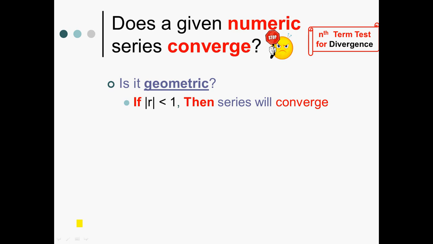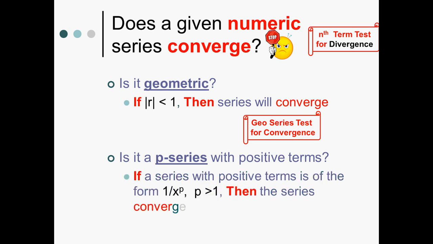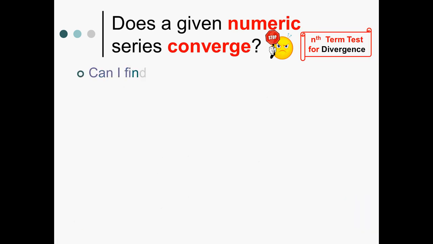If so, I have a strict inequality. Then I think to myself, is it a p-series? And remember, p-series, think p for positive. P-series has positive terms. Three tests: nth term for divergence, geometric series test for convergence, p-series test for convergence.